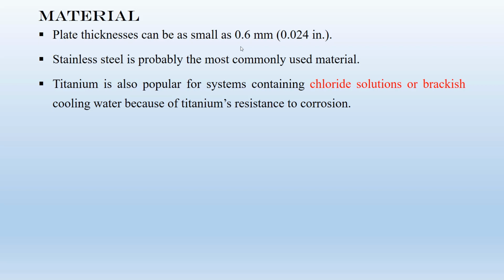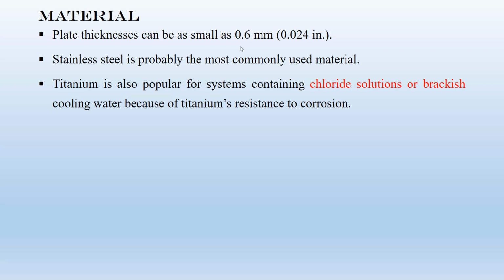Steel is the most commonly used material. However, depending on several factors, you can use other materials. For example, depending on the pH of your fluid, if the fluid is corrosive, or other parameters like temperature, you can use different materials.